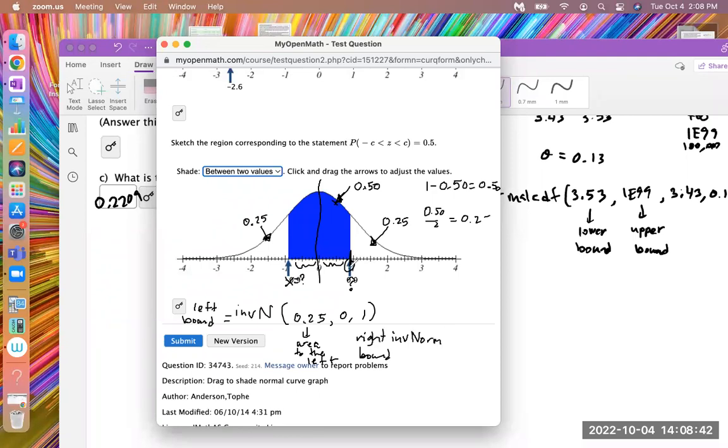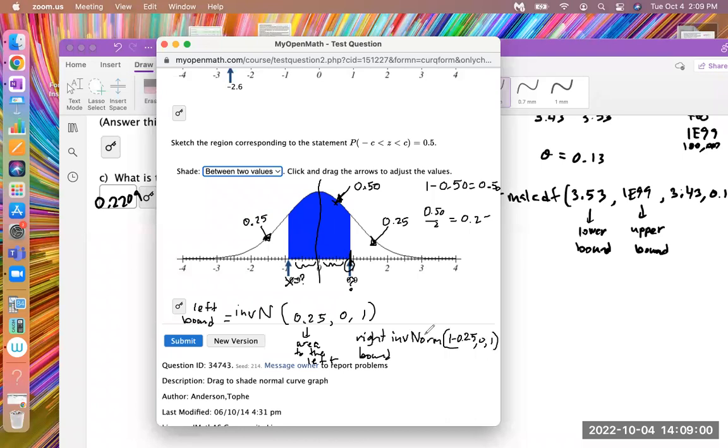What we know about this spot is that there's 0.25 to the right of it. So we would have to do 1 minus 0.25 to find the area to the left, and then put in the 0 and 1, and that would be how we find the right bound.